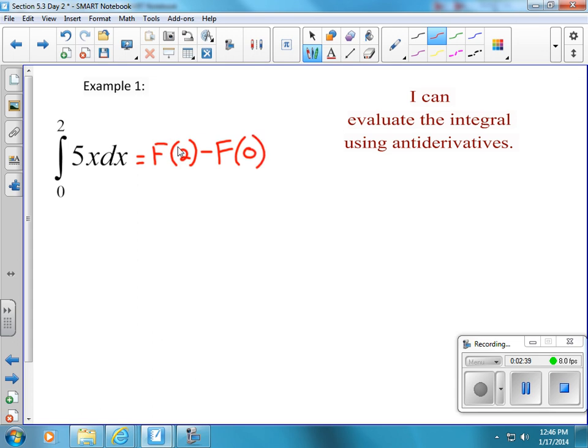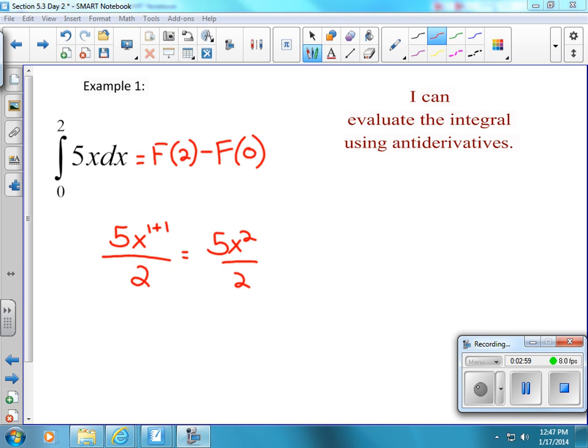The way we get the antiderivative of 5x is that, remember, it's x to the 1. We add a 1 to this, and we divide by our new exponent. So our antiderivative is going to be 5x squared over 2.